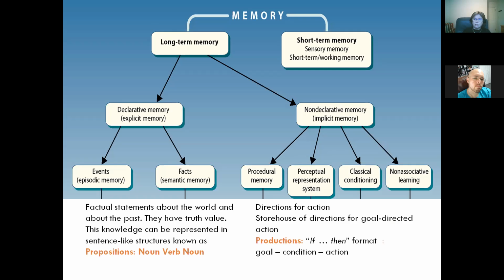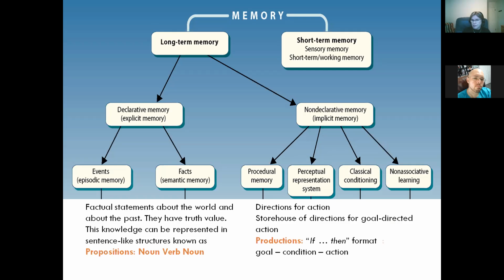So this is very closely related to the next chapter, I guess chapter 10, on concepts. How do we acquire, store, and use knowledge? Really, that's what long-term memory is. It's our storage for knowledge.